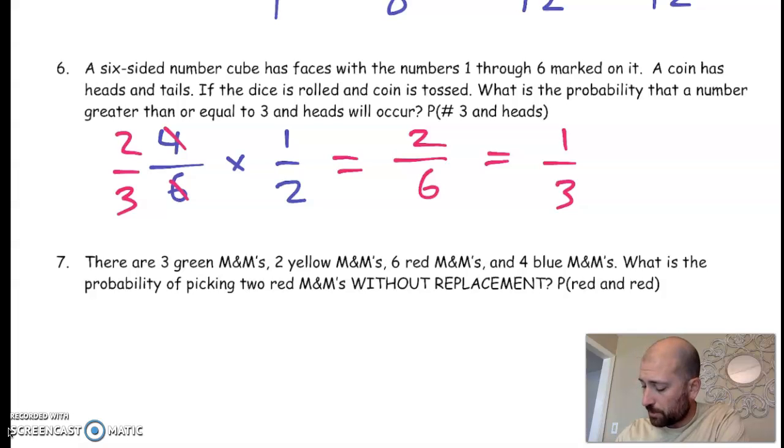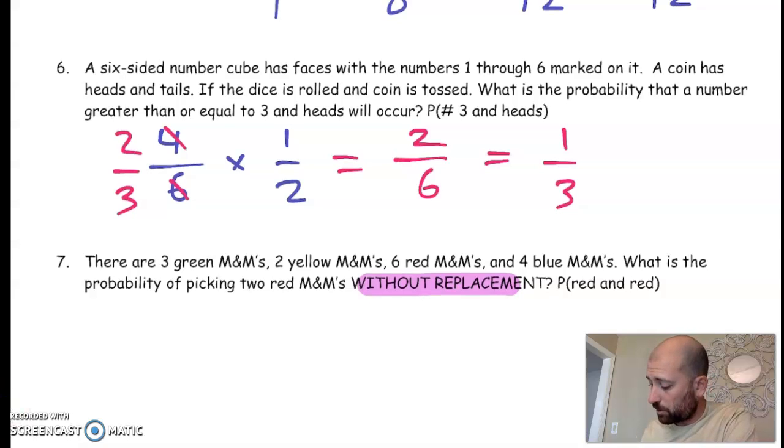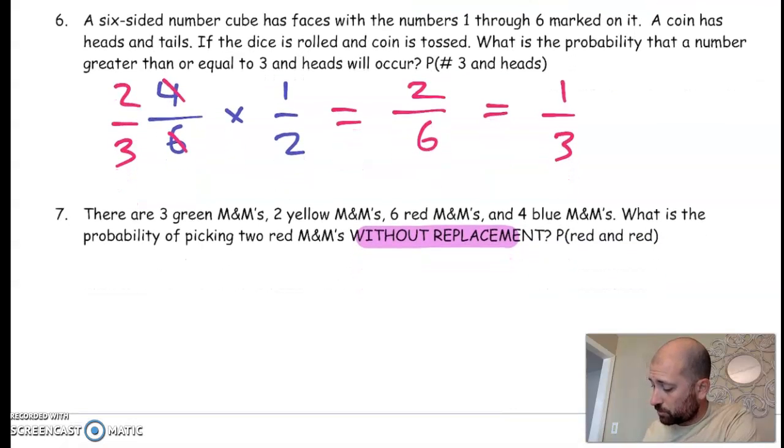Okay. Number 7, there are 3 green M&Ms, 2 yellow, 6 red, and 4 blue. What is the probability of picking 2 red without replacement? That is dependent. That is our dependent probability. So 3 plus 2 is 5, plus 6 is 11, plus 4 is 15. So 2 red. When I start out, I have 6 red out of 15. I take a red out, so I only have 5 red remaining.